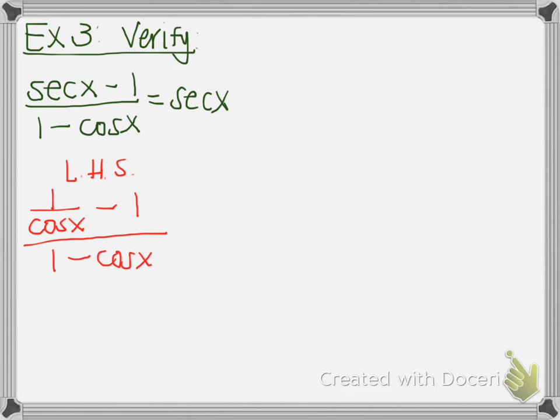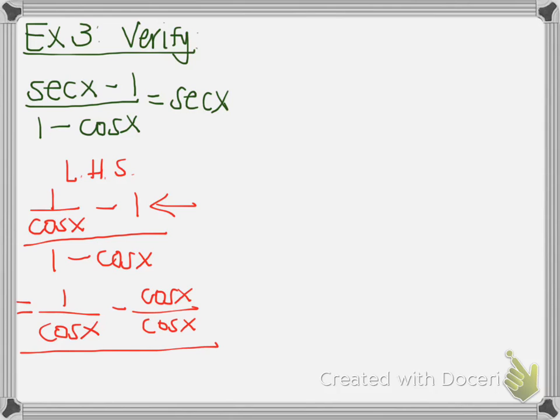Now we need to get a common denominator in the numerator. So this is going to equal 1 minus cosine x over cosine x, and that's all over 1 minus cosine x.